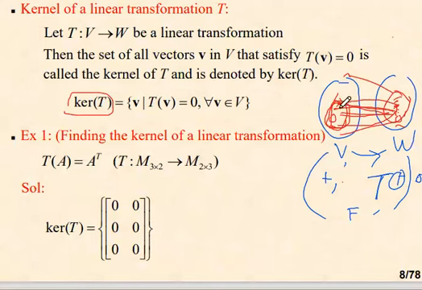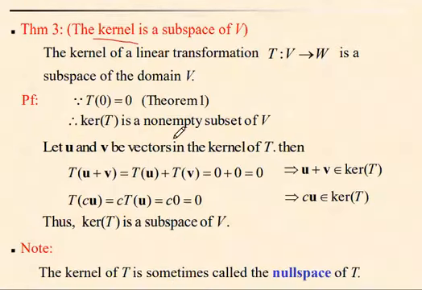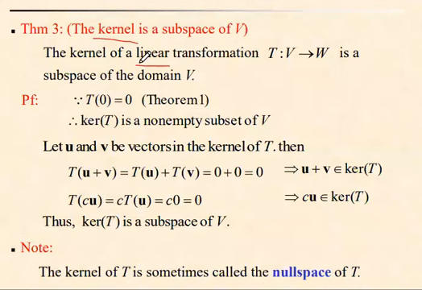We can show that this kernel is not only a subset, it is a subspace of the domain V, vector space V. This is very important: the kernel of a linear transformation is a subspace of domain V, right?